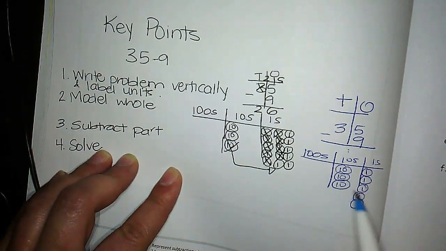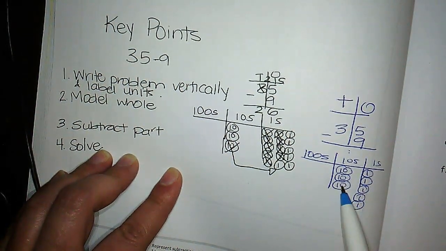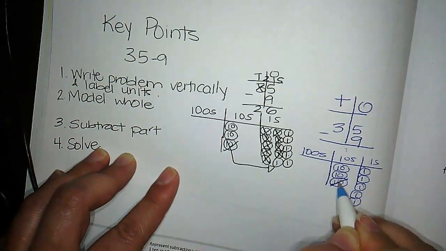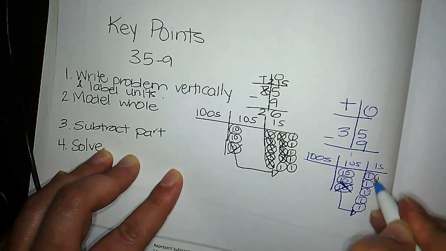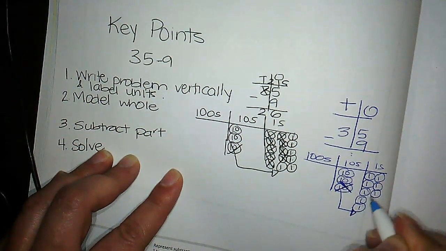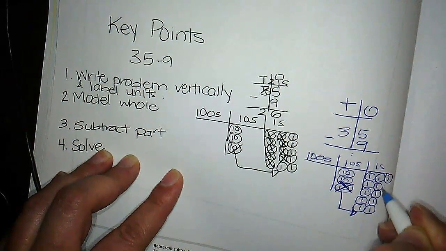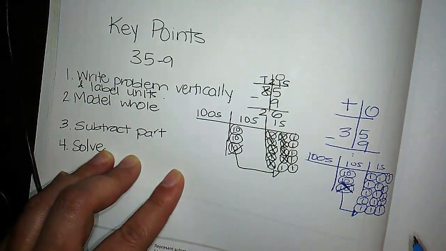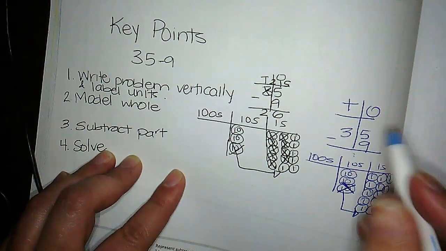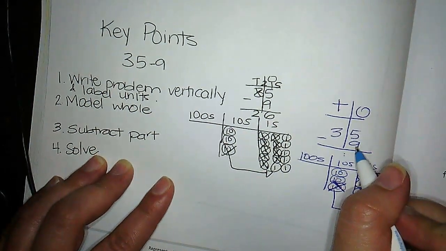I have to break apart 1 ten because just like I can compose, I can decompose and give it 10 ones. 1, 2, 3, 4, 5, 6, 7, 8, 9, and 10. Now I'm able to take away 9.